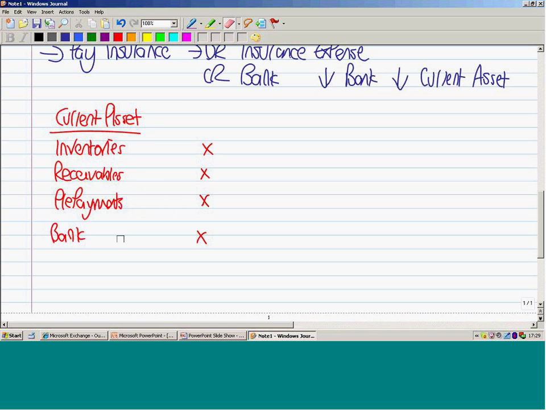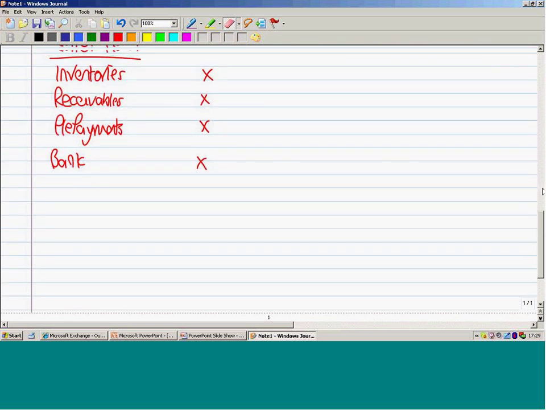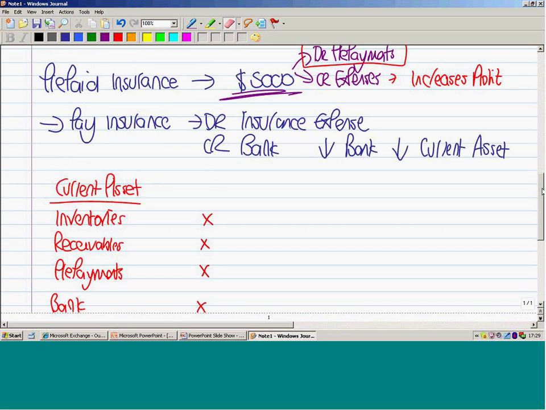We paid 5,000. Let's say we want to cancel that insurance policy at the end of the financial year. And what we're saying here is that if we were to cancel, we in theory should get that money back.